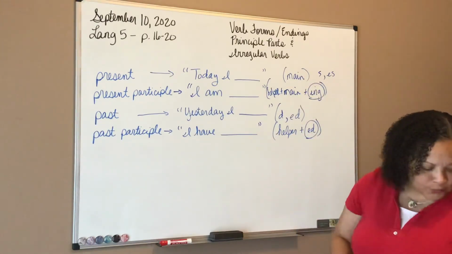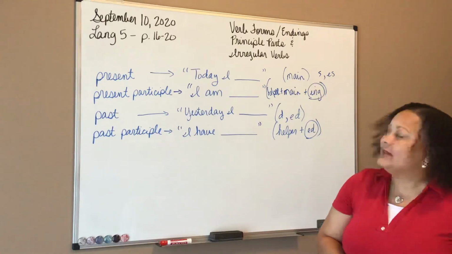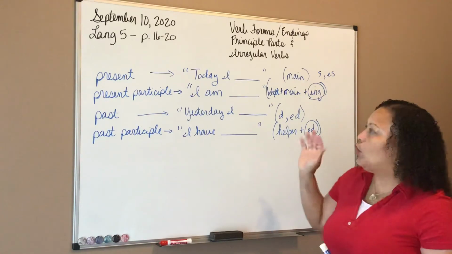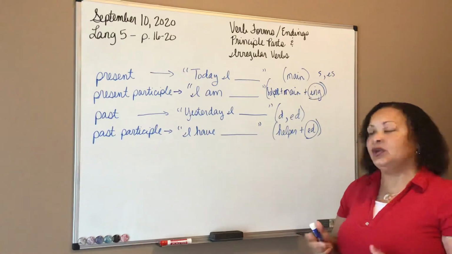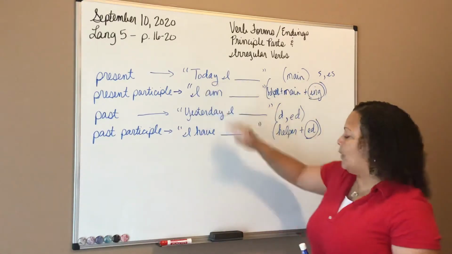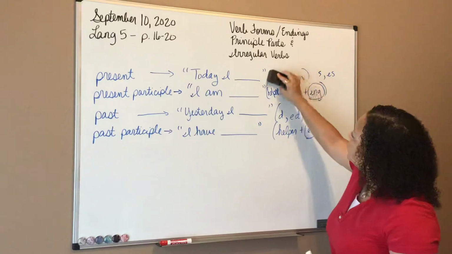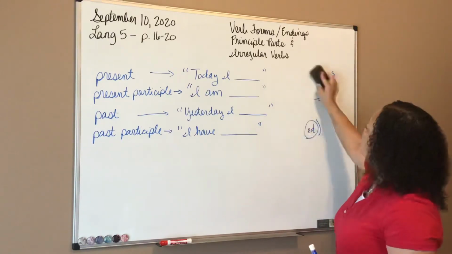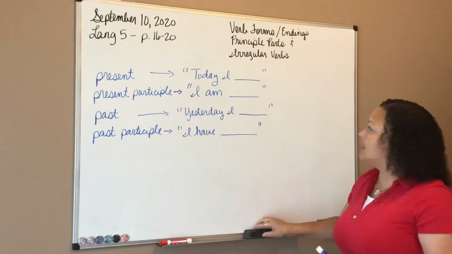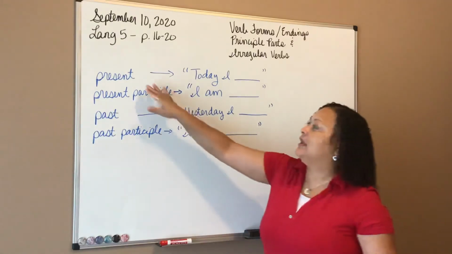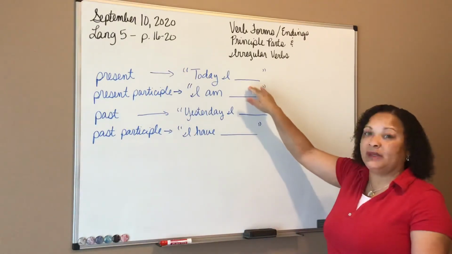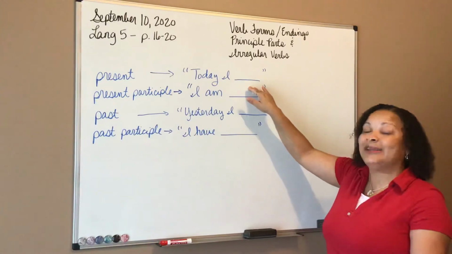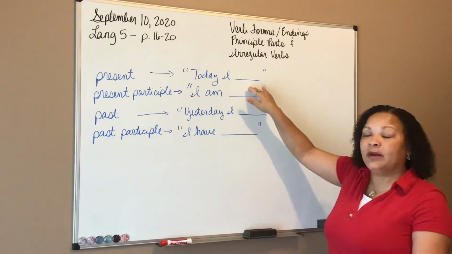All right, so to help you delineate which tense you're using, this is a good little way right here. I'm going to erase all this extra information right there so you can see the gist of it. So for present tense, you say, "Today I," and whatever that verb is. Today I sleep, today I teach, today I look.